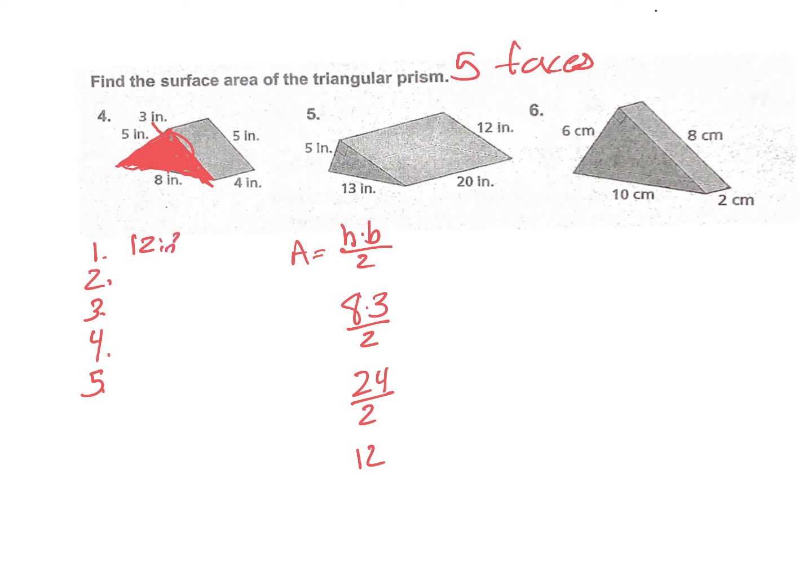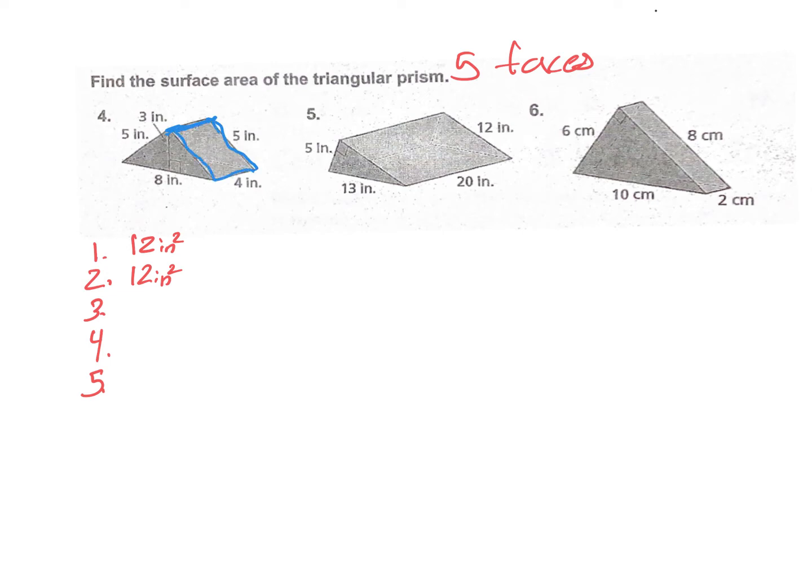Now I know that on the back side, there's another triangle the exact same size. So that one also is 12 inches squared. Okay, now we've gotten the front and the back. Now let's do a different color. Let's go to blue. I'm going to do this side, this face.